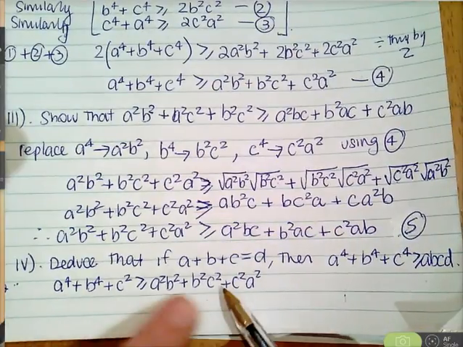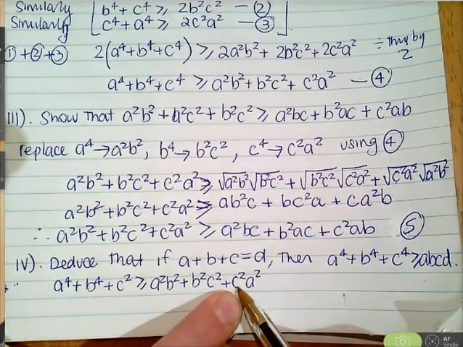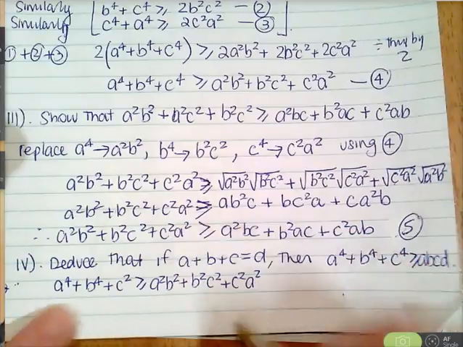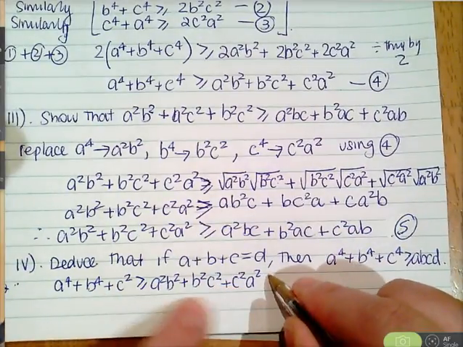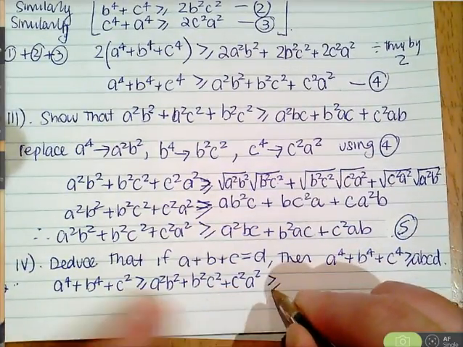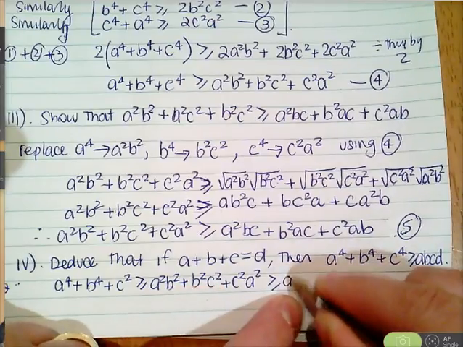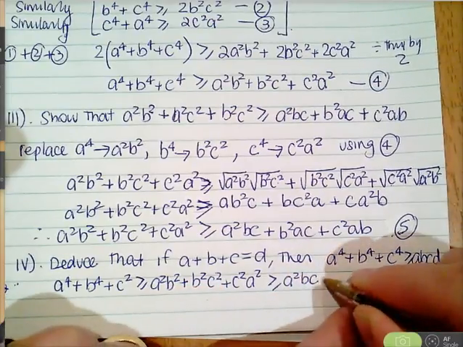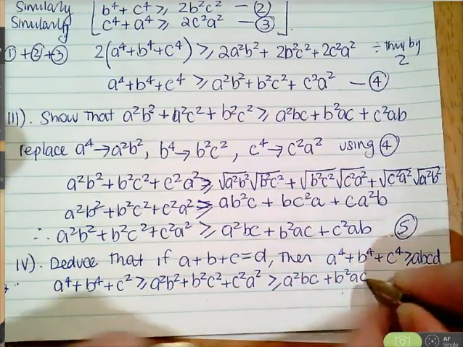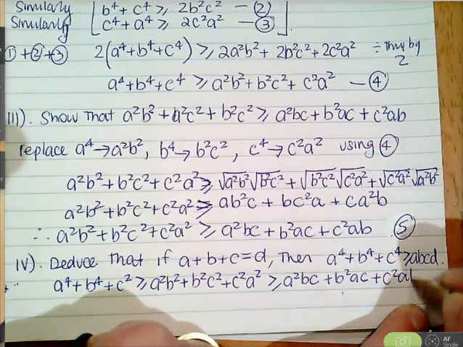Now that was equation 4, and that was in part 2. So from part 2 we know that, but from part 3 we know that that is also greater than or equal to A squared BC plus B squared AC plus C squared AB.